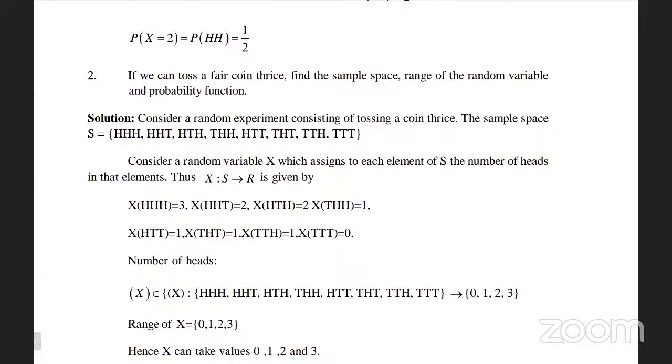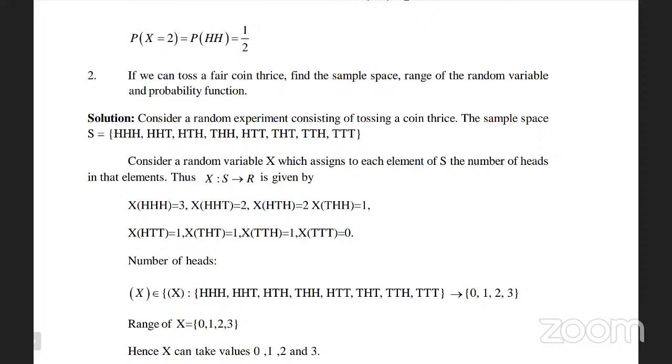One head, another head, another head. That is one possibility. Next is one head, another head, another tail. Similarly, if we check, I can get the possible sample space: HHH, HHT, HTH, THH, HTT, THT, TTH, TTT.